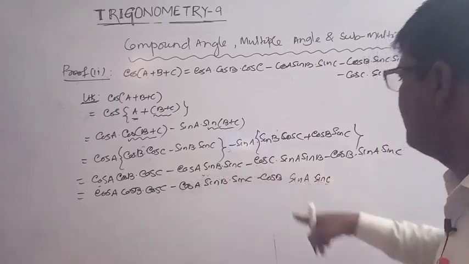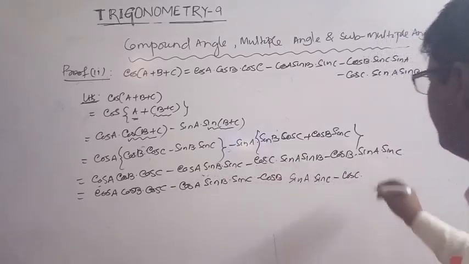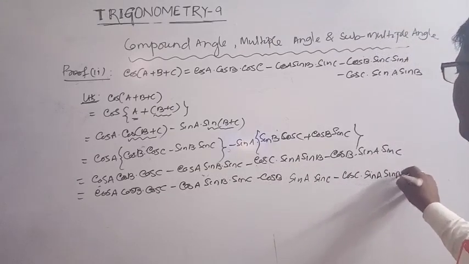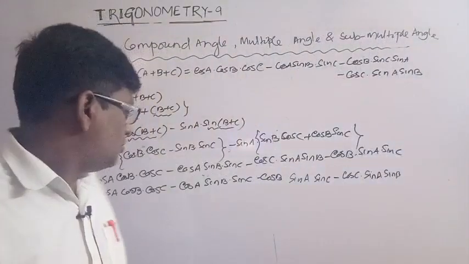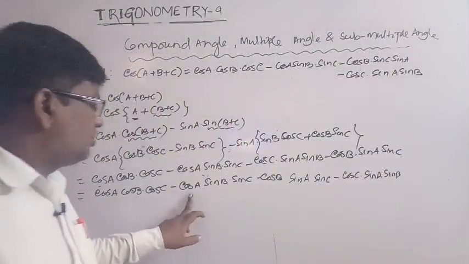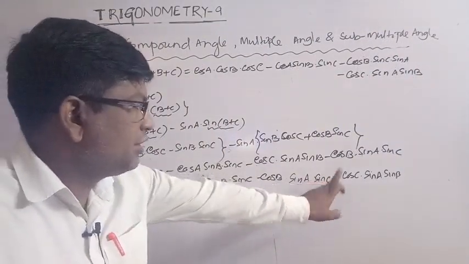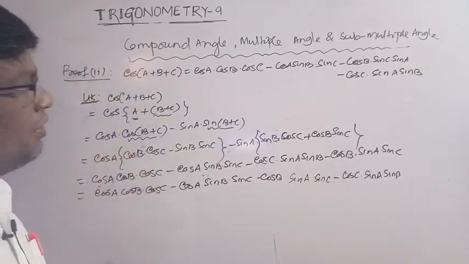Now here cos c minus cos c into sin a into sin b. So cos of a plus b plus c is equal to cos a cos b cos c minus single cos double sin, minus single cos double sin, minus single cos double sin. This is the technique to remember this formula.